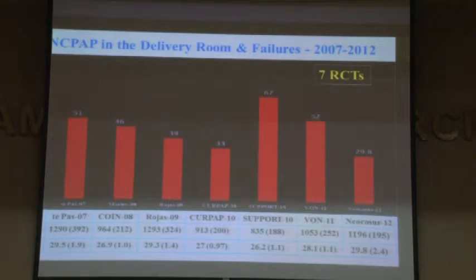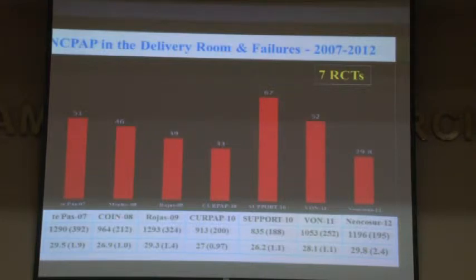Now, look at the failures of CPAP. There are 7 randomized controlled trials published from 2007 to 2012. These are COIN from 2007, Morley 2008, Rojas from Colombia 2009, TIPP from Italy 2010, the SUPPORT trial from the US, Vermont Oxford Network delivery room trial, Canada and the US 2011, and then the South American Neonatal Network study.